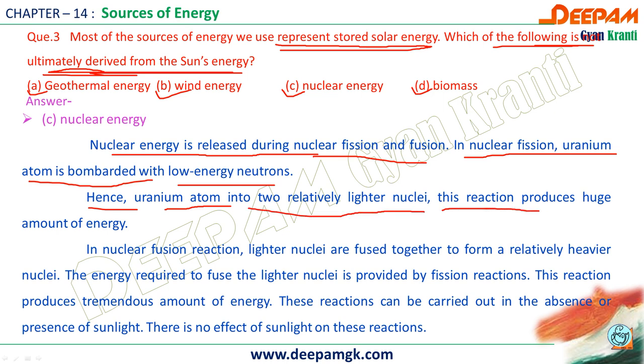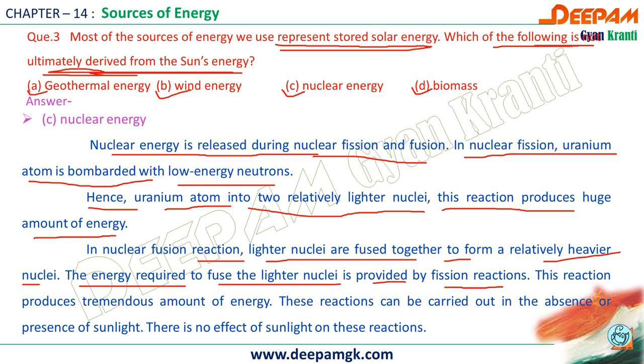This reaction produces a huge amount of energy. In nuclear fusion, lighter nuclei are fused together to form a relatively heavier nucleus. The energy required to fuse the lighter nuclei is provided by the fission reactions. These reactions produce a tremendous amount of energy.